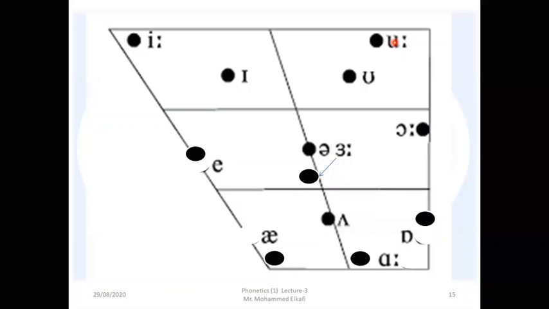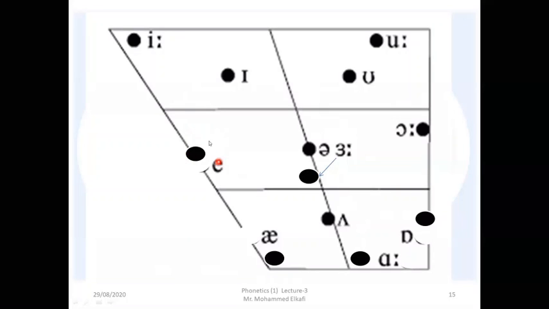So let's compare the short vowels with the long vowels. Here we'll find E. This one is I. E as in sheep and I as in ship.